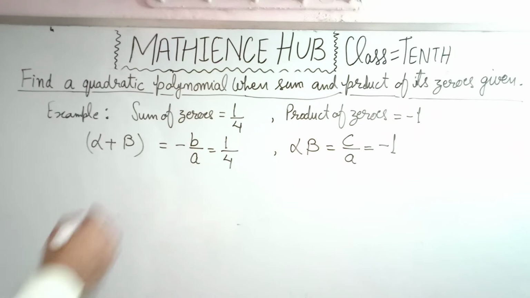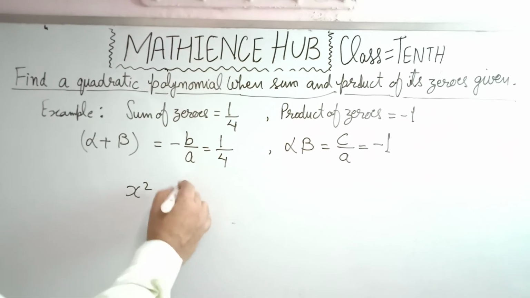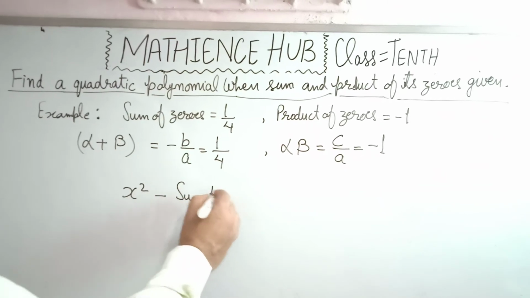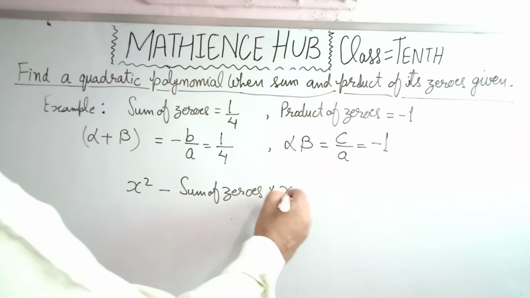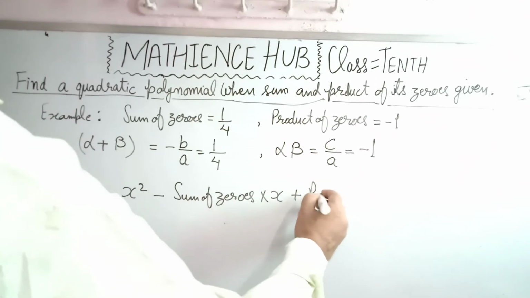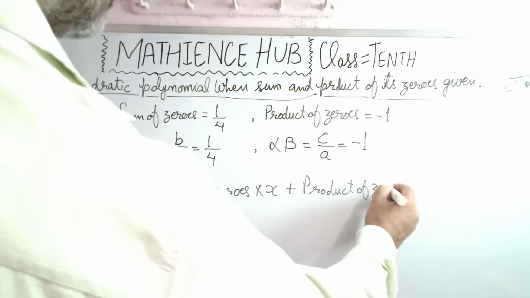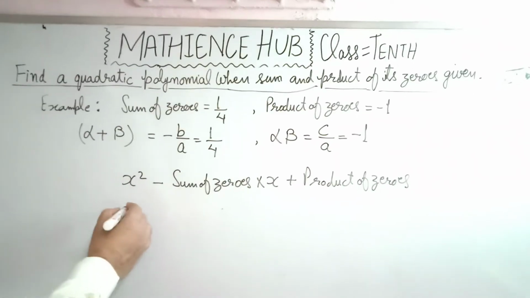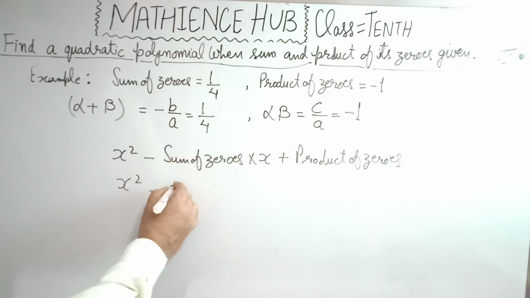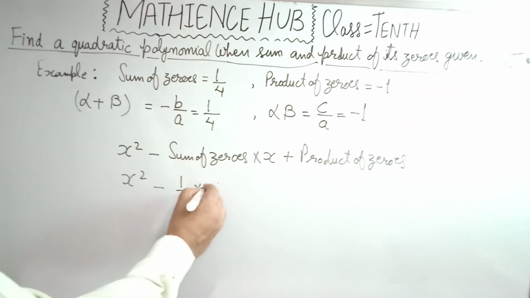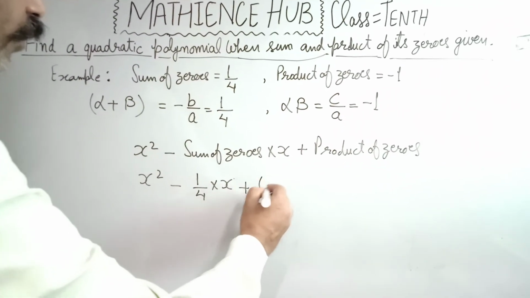We use a formula: x square minus sum of zeros multiplied by x plus product of zeros. x square minus the sum of zeros, which we know is 1 upon 4, multiplied by x, plus the product of zeros, given as minus 1.